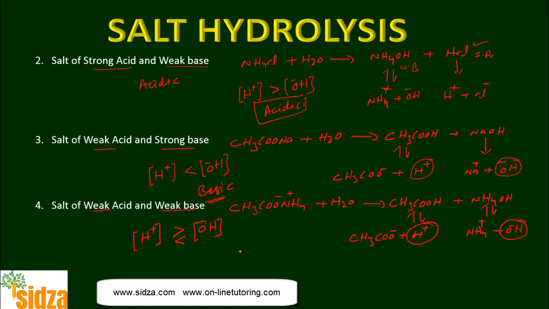It actually depends on the dissociation constant of the acid and the dissociation constant of the base, right? So if relatively the dissociation constant of the acid is more than the base, then it will be acidic, and if the dissociation constant of the base is more than the acid, then it will be basic. So the pH can either be acidic, or it can be basic.